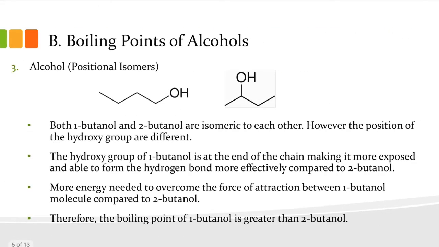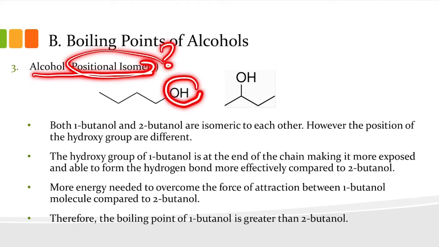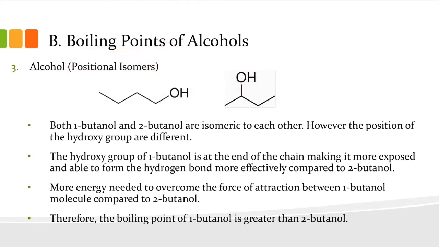The third category is when your alcohols exhibit positional isomers. Positional isomers meaning to say the position of OH is on a different carbon. Okay, the number of carbons is still the same, but the position of the functional group is different. Here, we will be using 1-butanol and 2-butanol as an example.